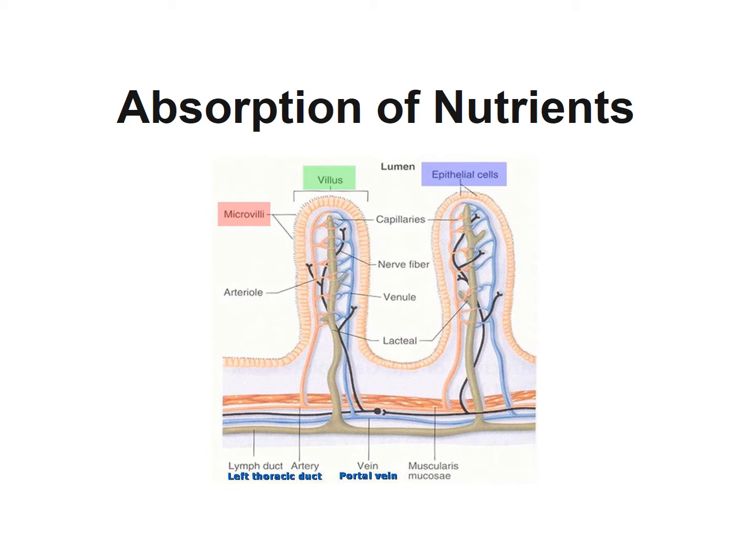As I mentioned in the very first lecture in gastrointestinal physiology, these microvilli work as sensors to the lumen of the gastrointestinal tract. They sense the internal environment of the gut lumen.